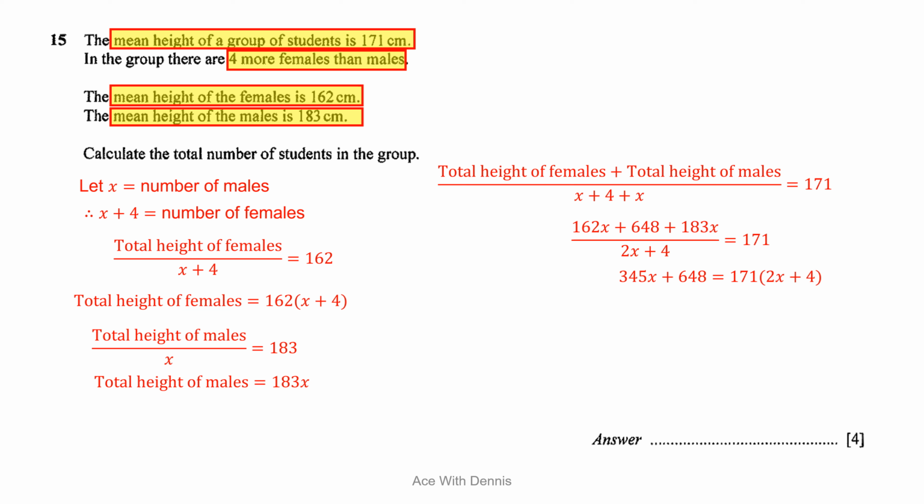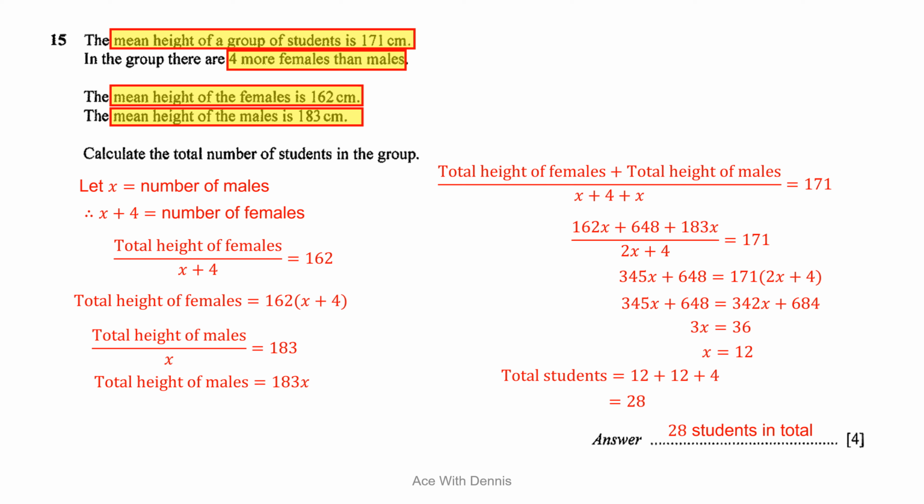Then we solve this equation. 345x plus 648 equals 171 times 2x plus 4. Expand the bracket. We get 342x plus 684. 3x equals 36. x will be 12. Hence, total students will be 12 plus 12 plus 4, which is 28. The final answer is 28 students in total.